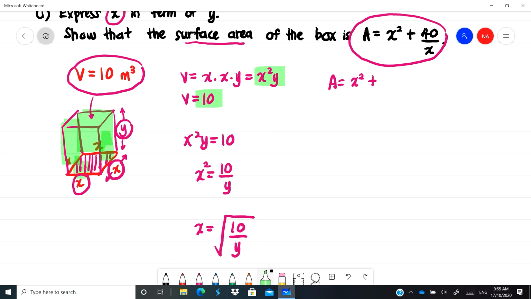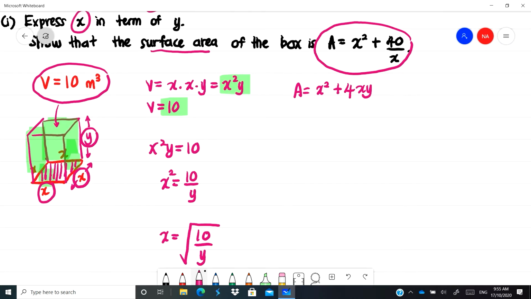We have four planes there, and the area of each is xy, so we multiply by 4. We don't have the cover here, so we don't add the area for that part. So we have A equal to x squared plus 4xy.